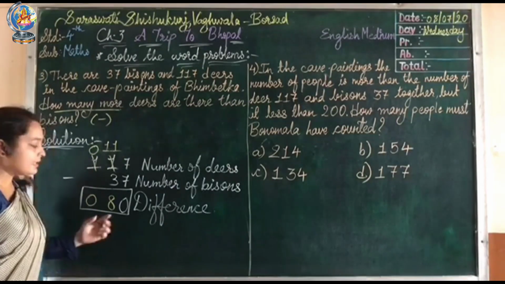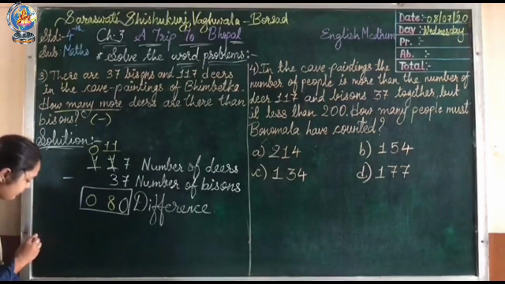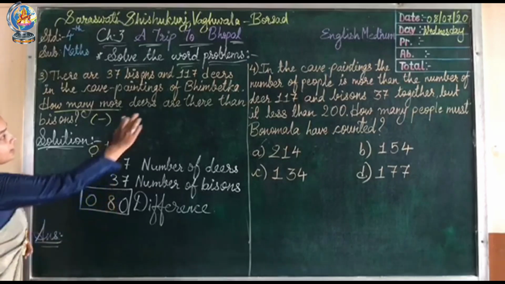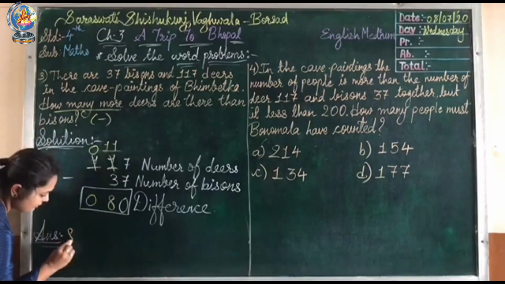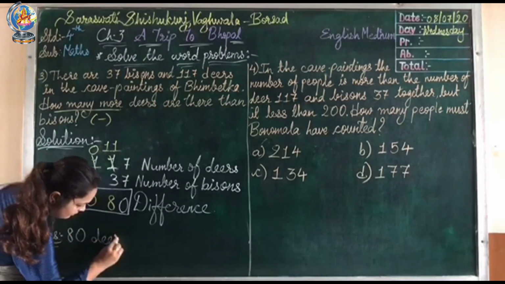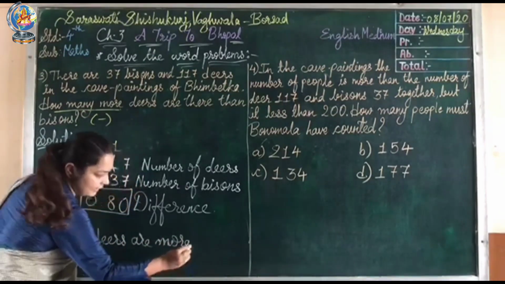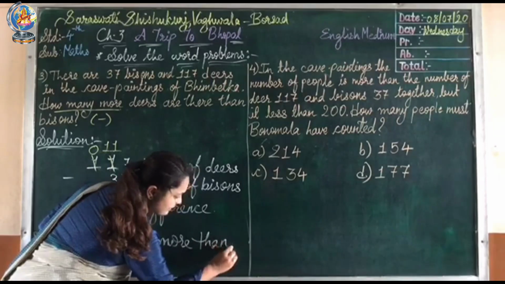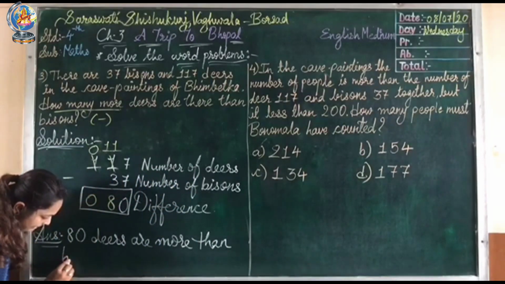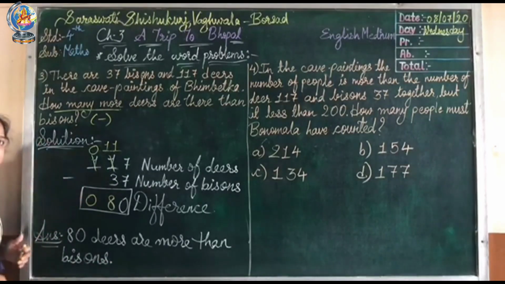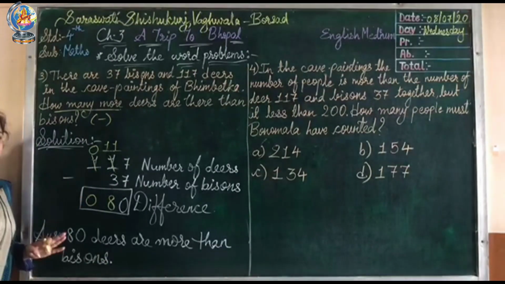So the answer is 80. 80 deers are more than bisons. This is our solution of the third word problem.